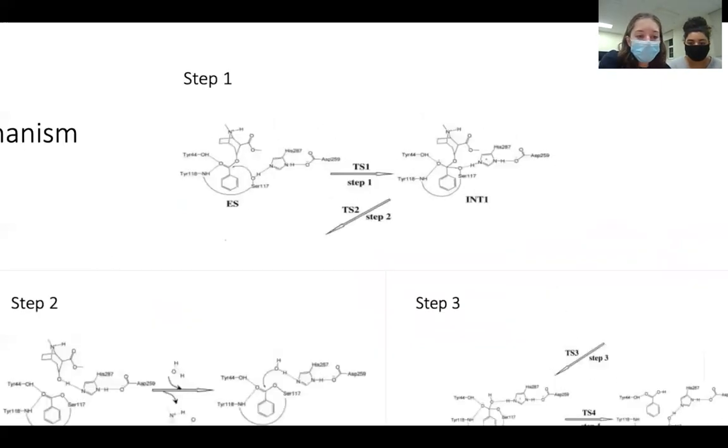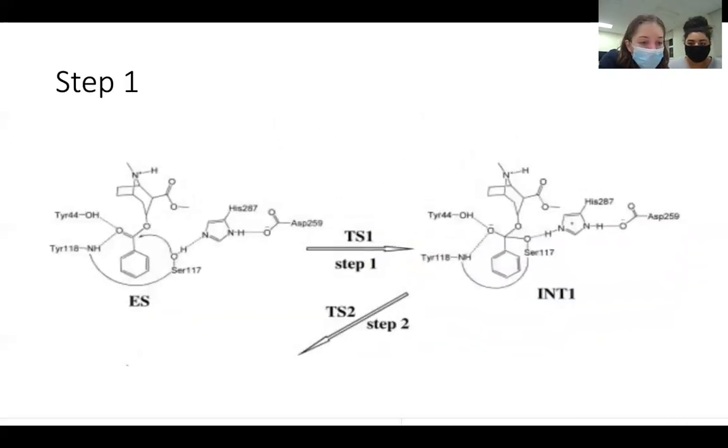So we have the first step, which is alkylation. So the tyrosine residues on the far left form the oxyanion hole, and then aspartic acid 259 hydrogen bonds to the histidine 287, resulting in an increase of the histidine amino acid pKa. Histidine can then activate serine 117 as a nucleophile by deprotonation.